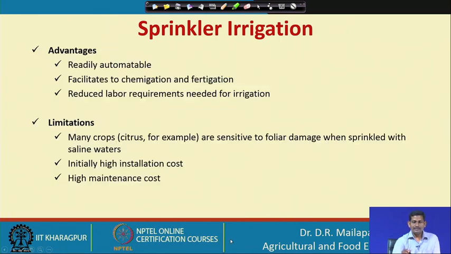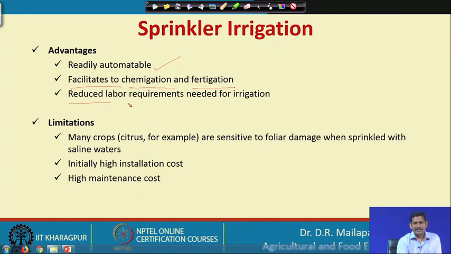So the advantages here: the sprinkler system is readily automatable, because the components are well designed, and it facilitates chemigation and fertigation. Both can be done by pumping the fertilizer or liquid fertilizer along with the irrigation water in the system.